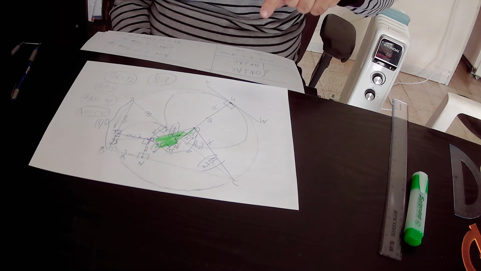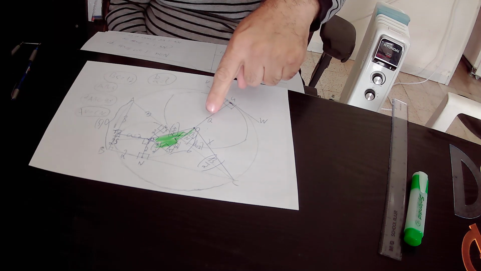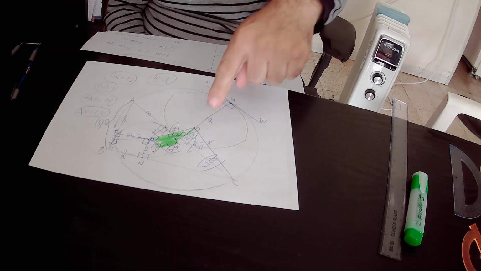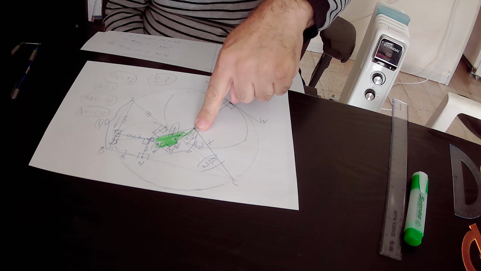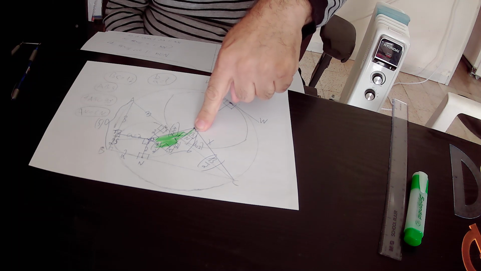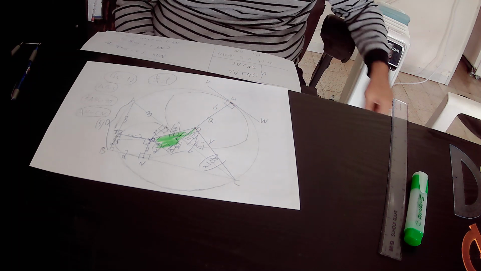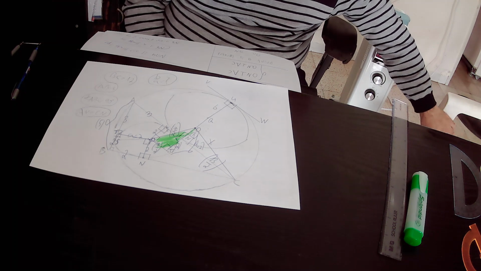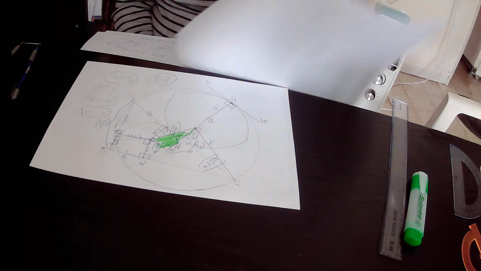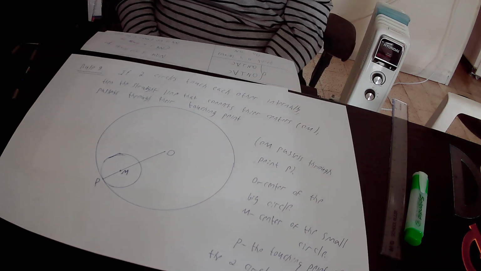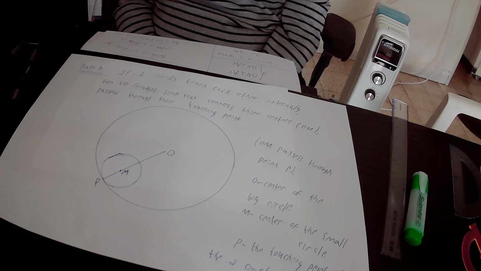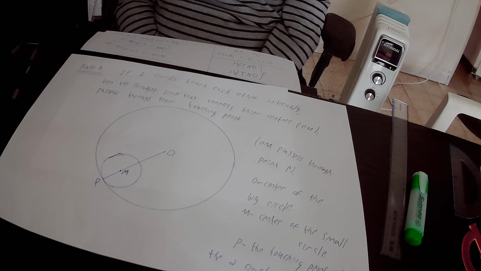We define the center of this circle as Q. We define the center of the biggest circle as O. Here, this is the center of the biggest circle that is defined as O. Then I presented to you rule number 9 and we implemented rule number 9 in our drawing. According to rule number 9, if two circles touch each other internally, then the straight line that connects their centers together must pass through their touching point.